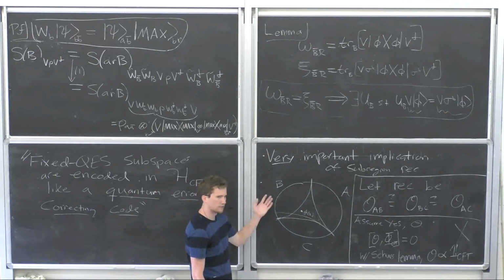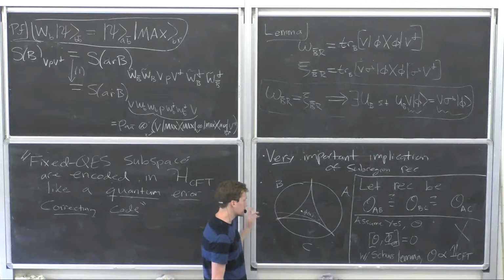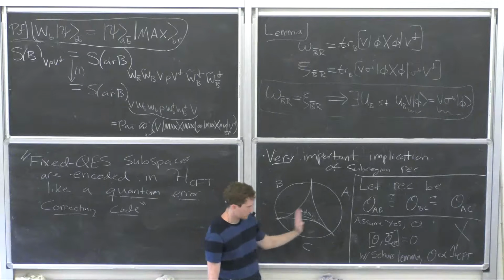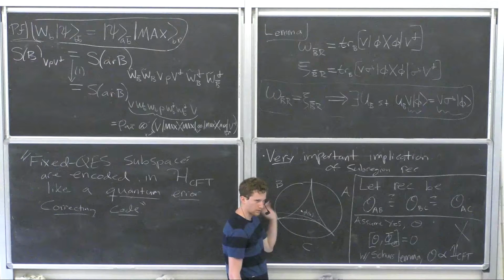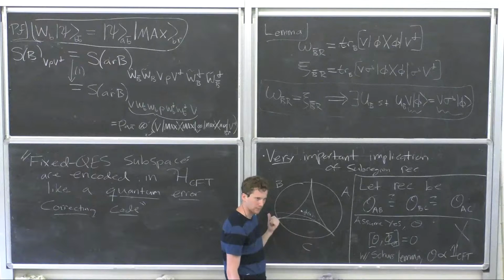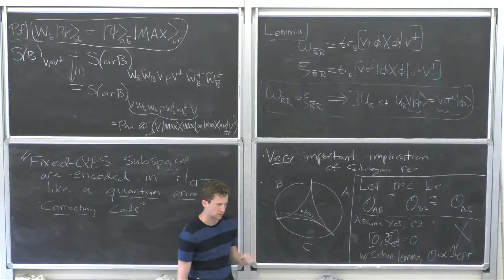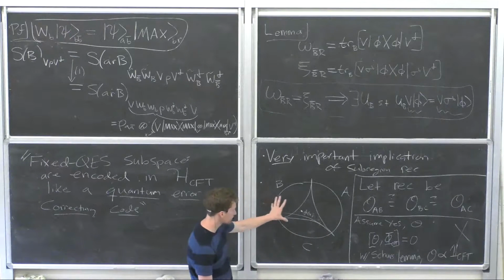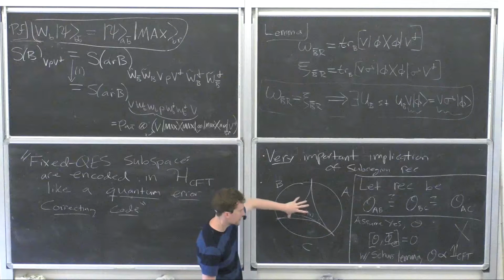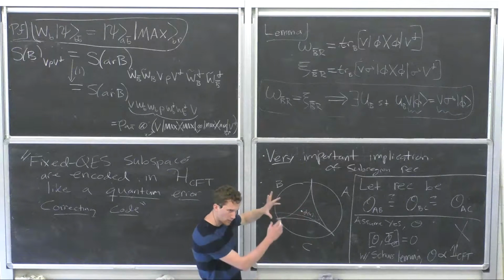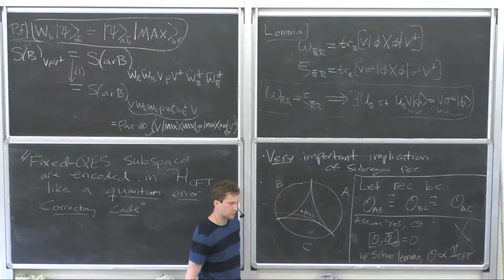So the argument would essentially go through, because phi is still not in this C prime. It would go through unchanged, and you can do the same argument for different A, B, and C that you've rotated or made different sizes. It's very robust.